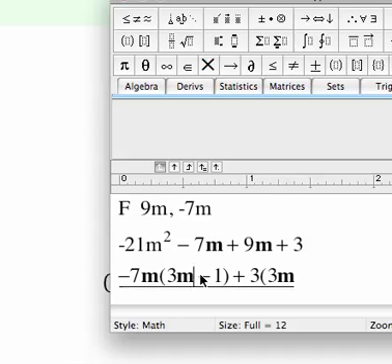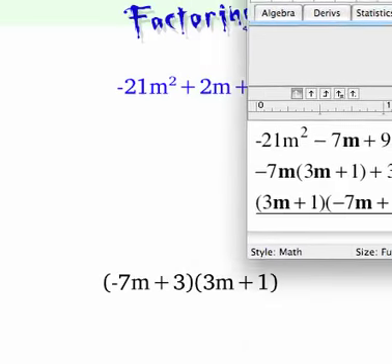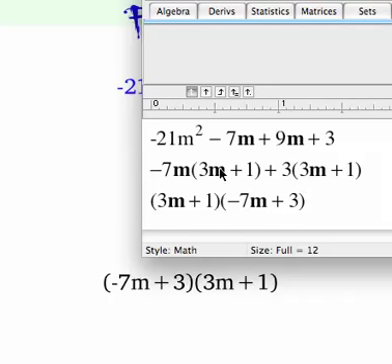Actually, it would be -7 times 3m plus 1. And over here would be 3m plus 1. So the 3m plus 1 is common, so we factor it out, and I'm left with -7m plus 3. Okay, and notice that's the same answer we have here. It's just I've reversed it.